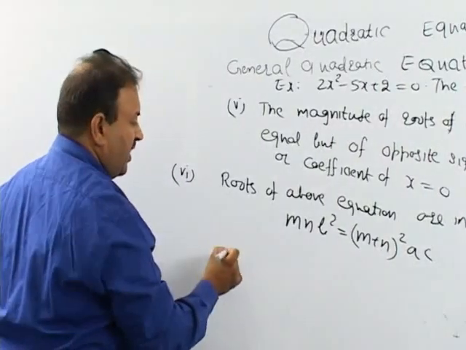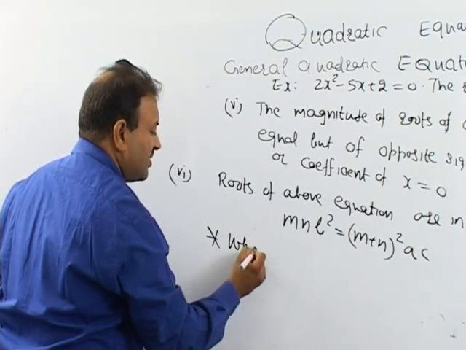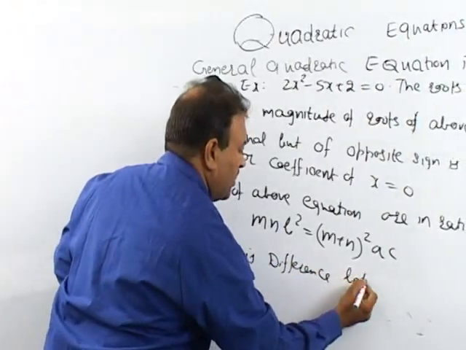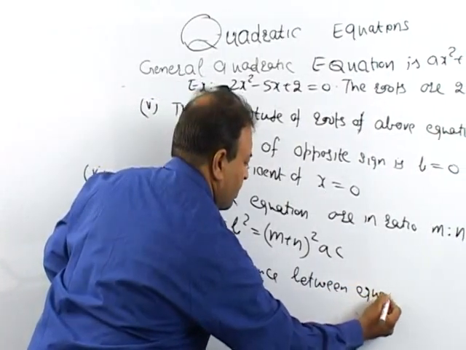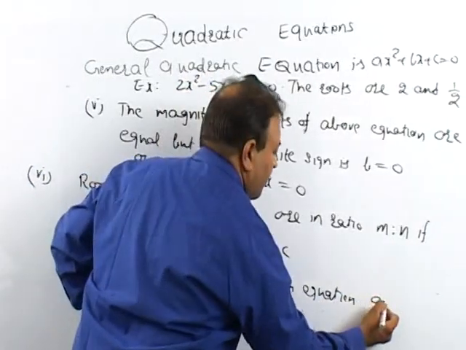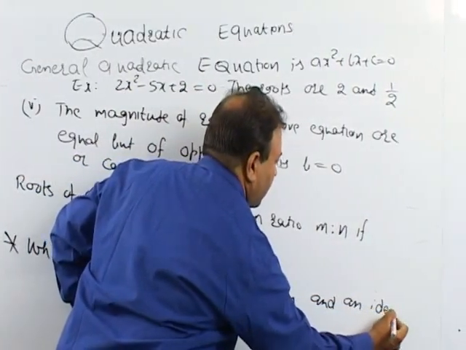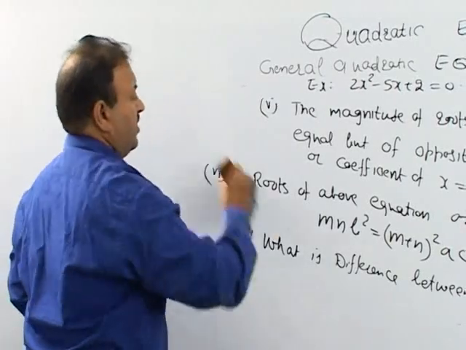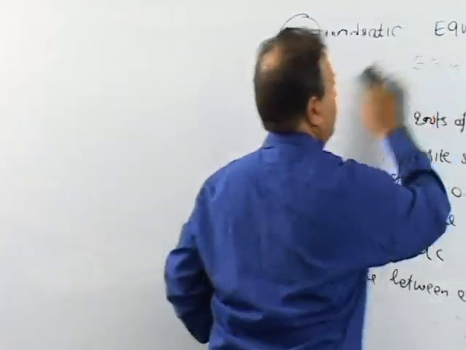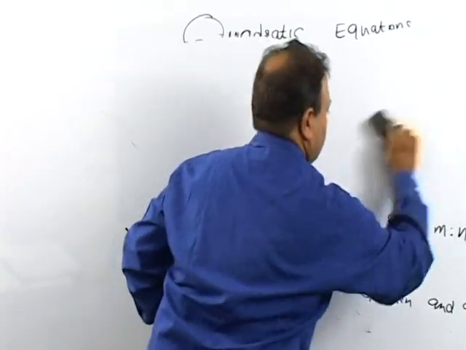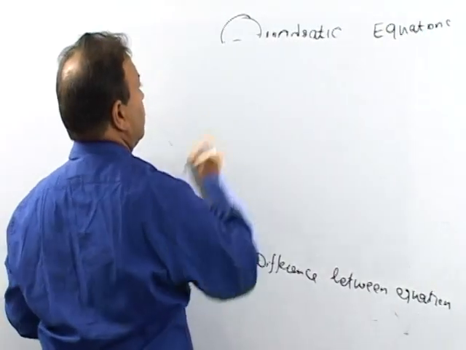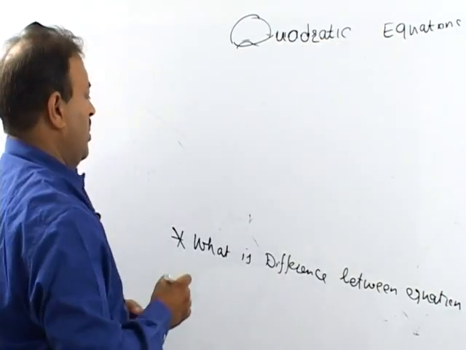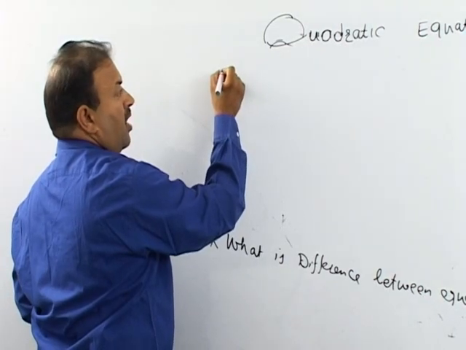Next point is, what is the difference between an equation and an identity? It will come in this, beta, it is equation.